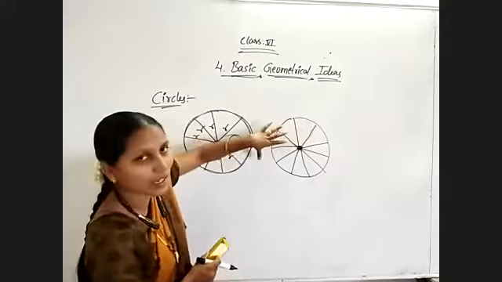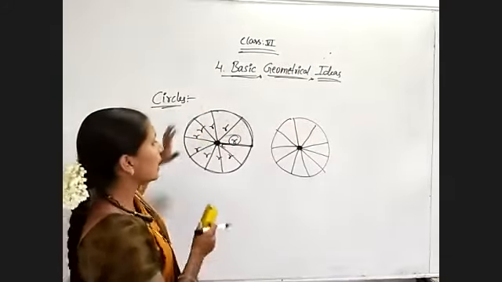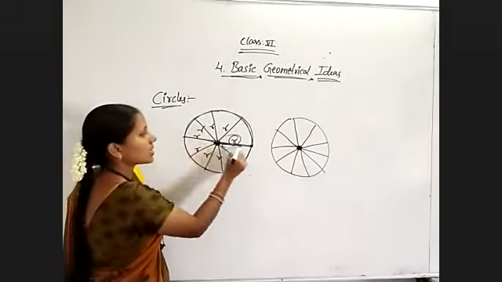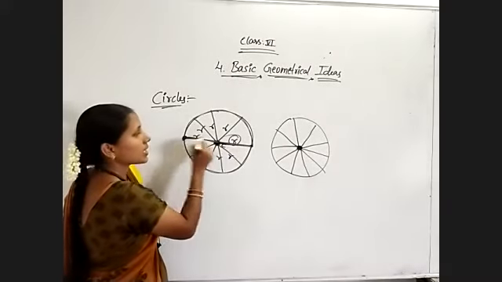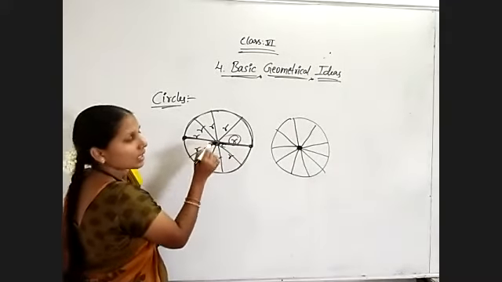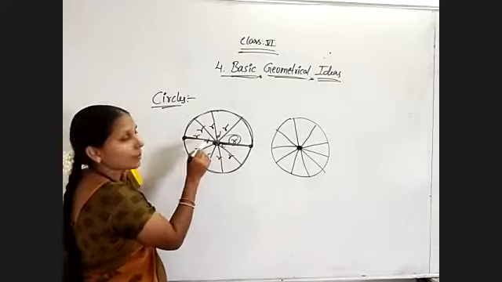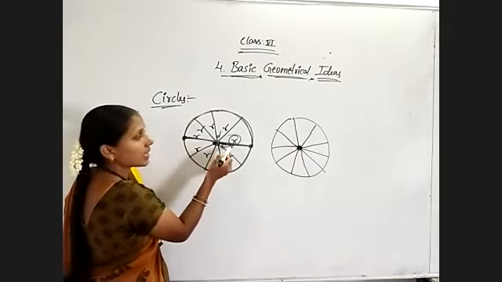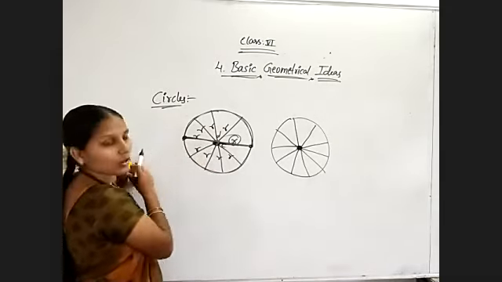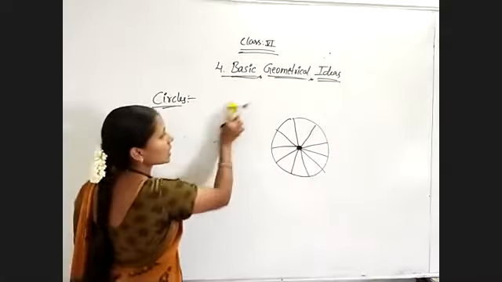If we take the full length, that is known as the diameter. If two points are joined through the center, the distance is known as the diameter. Diameter length will be equal to radius plus radius, this half and this half. So just listen here to which terms we are getting.